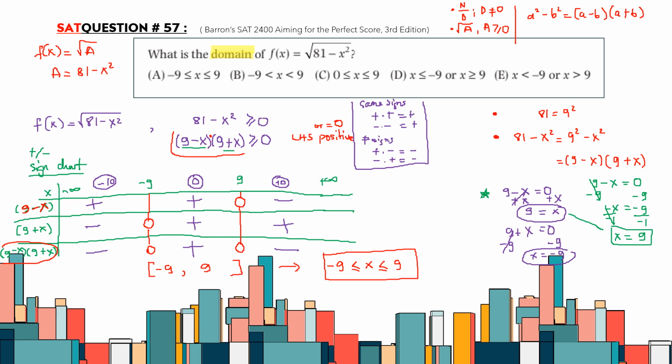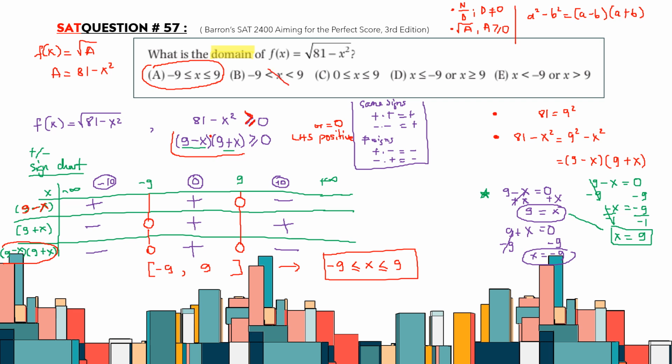So A is the correct answer. Something we have to look at is that the inequality has the equal sign: greater than or equal to. So the answer has to include the equal sign as well.